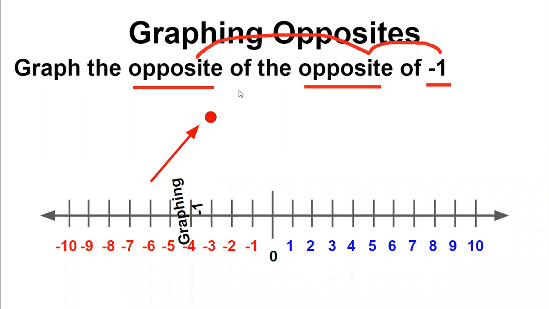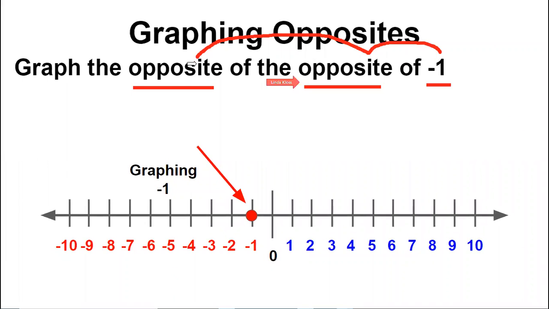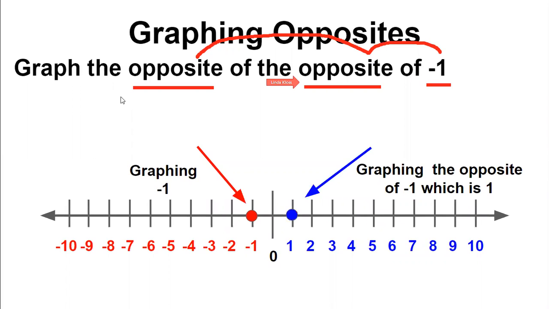Well, let's graph negative 1. There we are graphing negative 1. Now we have to graph its opposite right here. Graph the opposite. So let's do that. The opposite of negative 1 is positive 1. So we're graphing the opposite. Now we have to graph the opposite of positive 1.